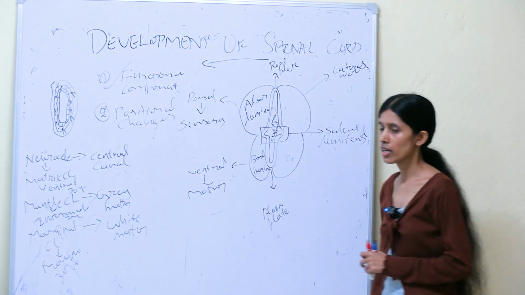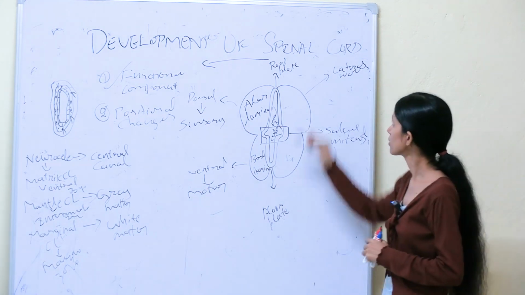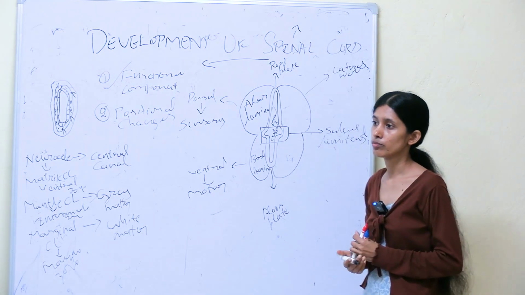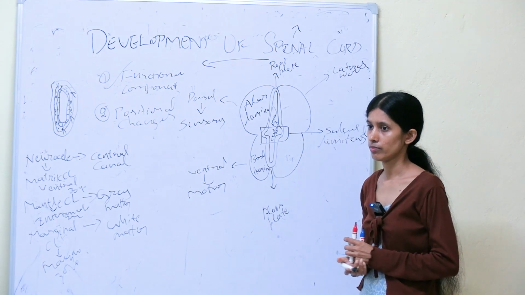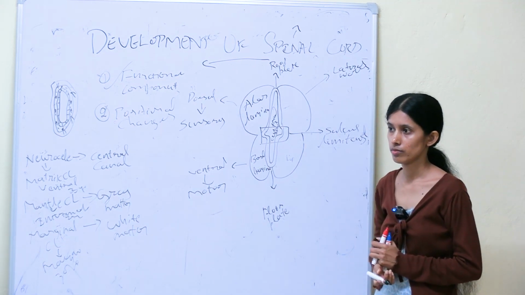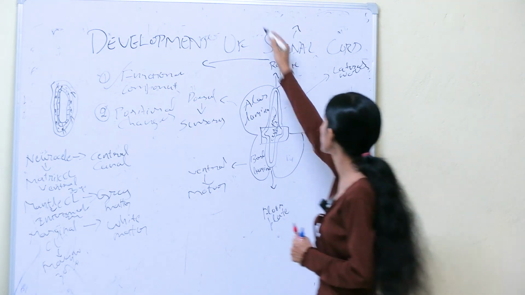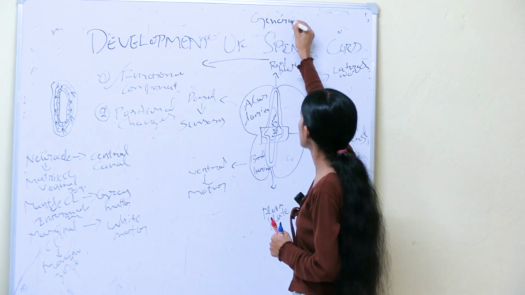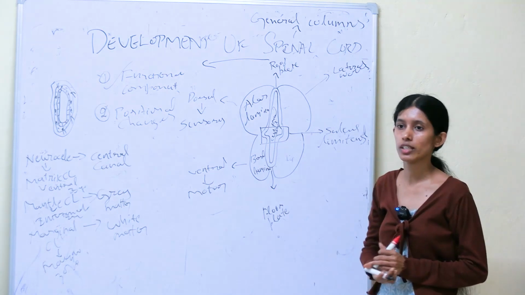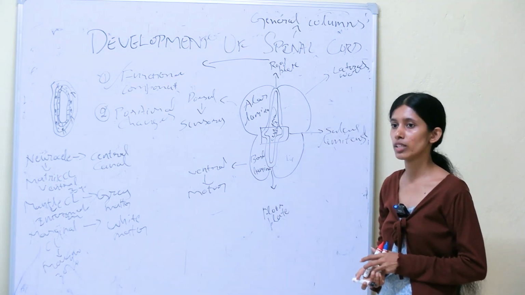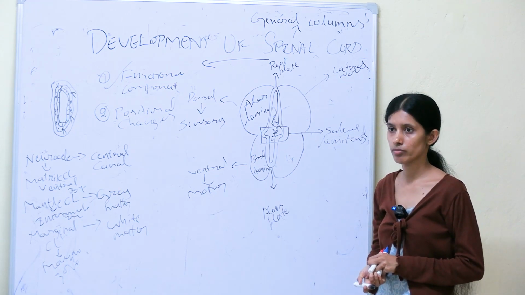Next we have a concept called columns. What do you mean by columns? Okay. In your spinal cord, we see only the general columns, okay. Remember this point. In spinal cord, we see only the general columns, whereas in your brain development, we can see both general columns and special columns, okay.